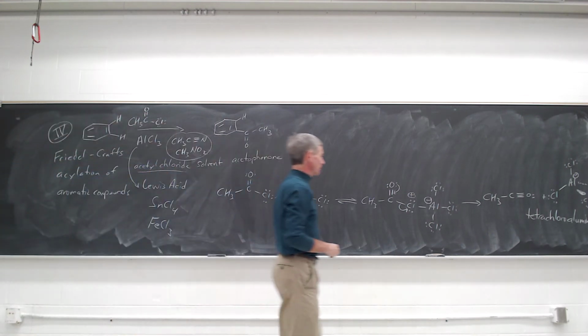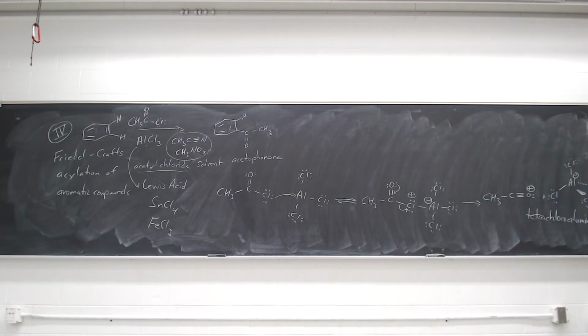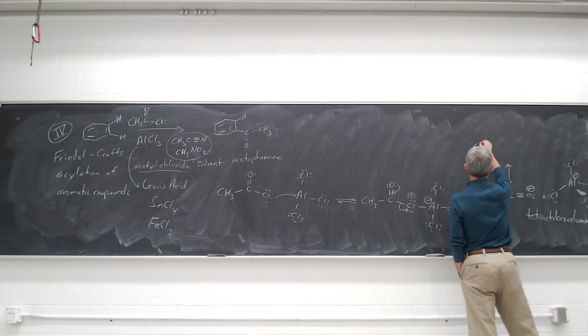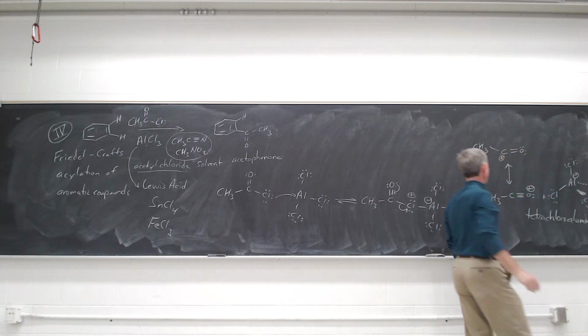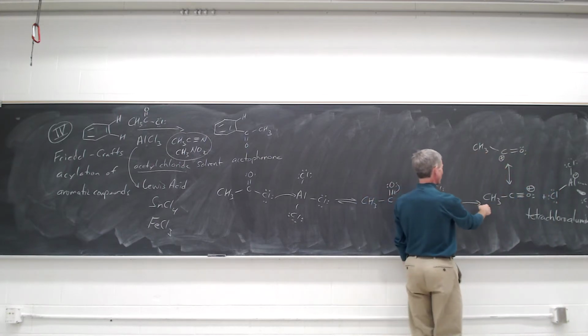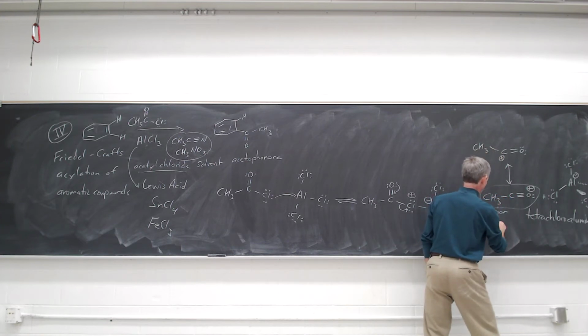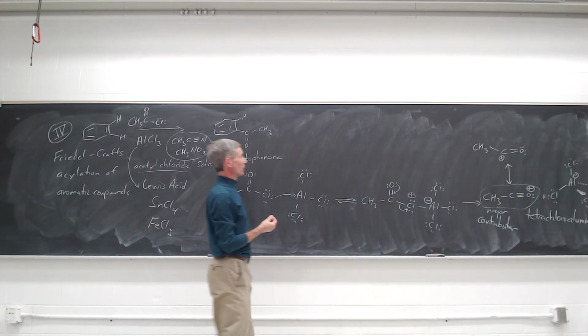And we have the acylium ion, which, as drawn here, has a positive formal charge on the oxygen, but there's a resonance structure that has the positive charge on the carbon and an unfilled octet. This is by far the major resonance contributor, being the one that has the filled octet on both carbon and oxygen.